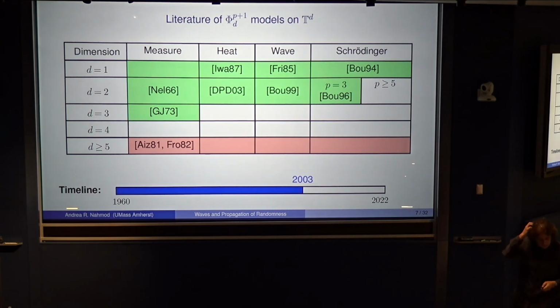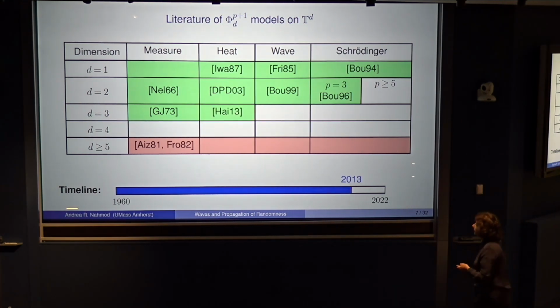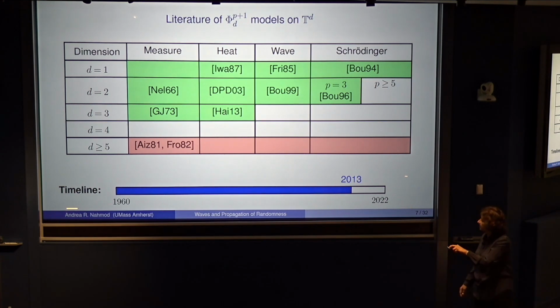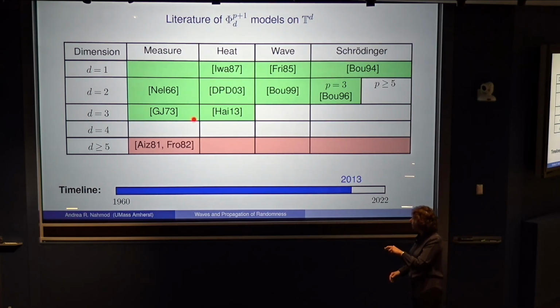Until actually the breakthrough of Martin Hairer that came in 2013, 2014, who, developing the theory of regularity structures, was able to answer the questions about the dynamics and the invariance for the stochastic heat equation for the phi-4-3 model under the dynamics of the heat equation. Okay? And this is actually one of the main reasons why he got the Fields medal.